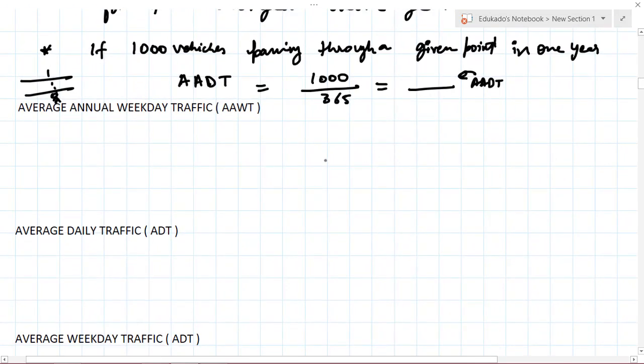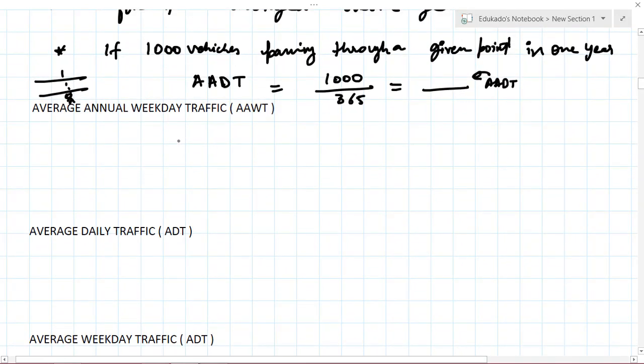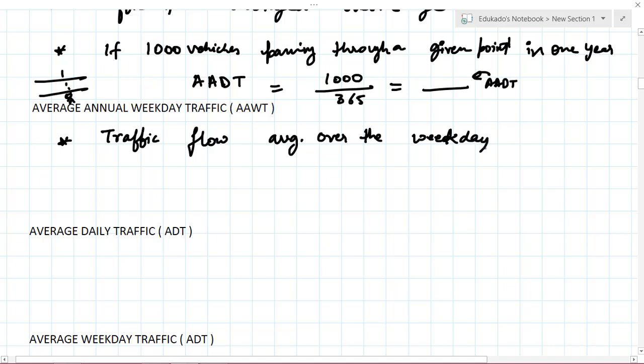Alright, so another one is the average annual weekday traffic. Let's write about it. It's the traffic flow averaged over the weekdays alone.